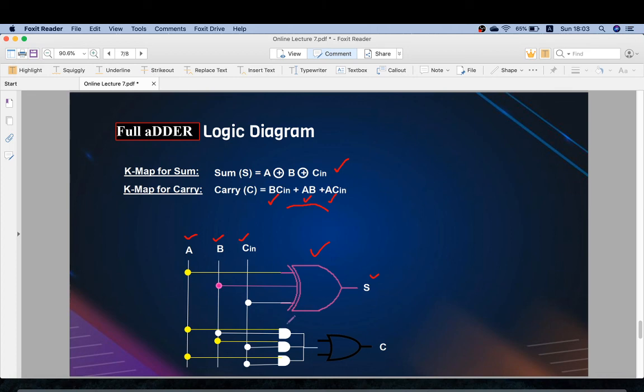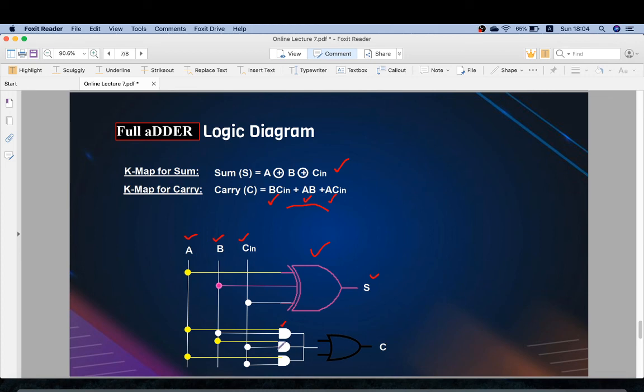Now we will draw B C in with the OR gate. So we have three equations and the sum of these three equations there. So first we will take them one by one. Here we will use AND gates for all three.